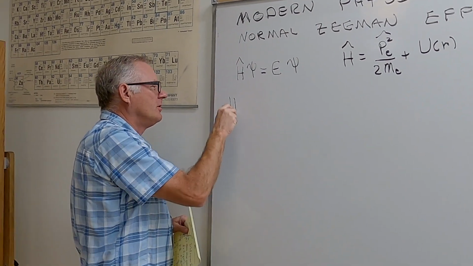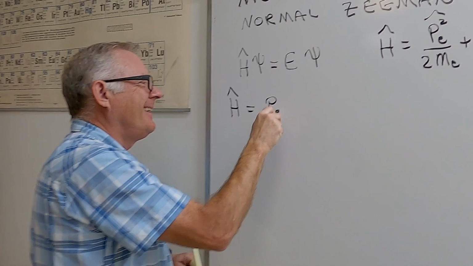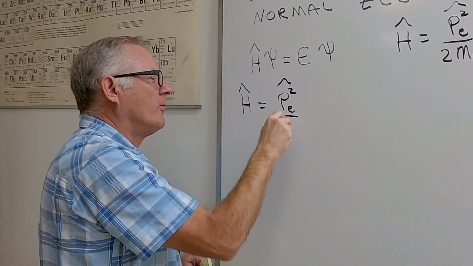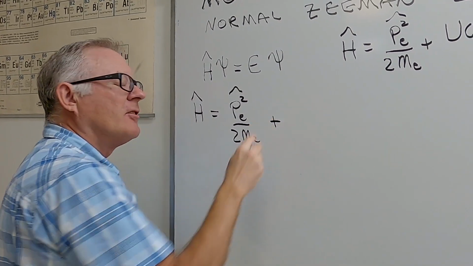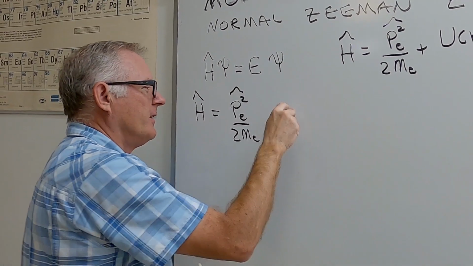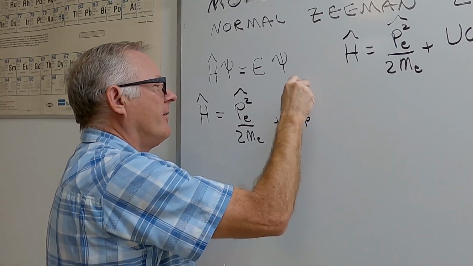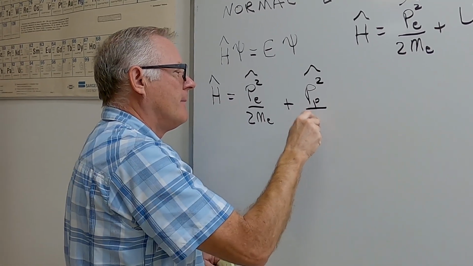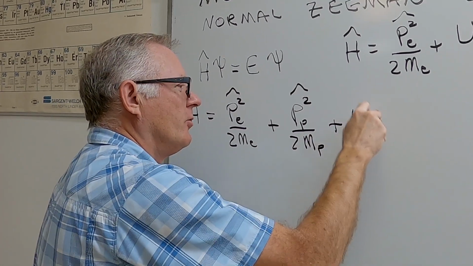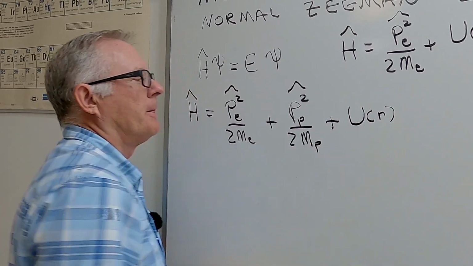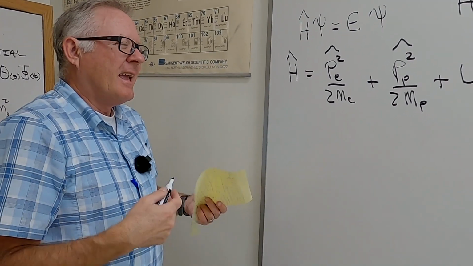So H really should be P_e squared all over 2 times the mass of the electron, plus the proton does a little bit of moving too, P of the proton squared all over 2 times the mass of the proton, plus U. There's only one potential. So that's really what the H should be.